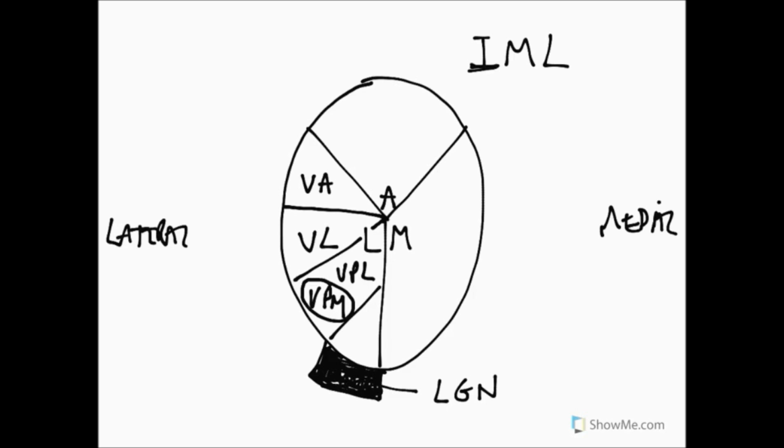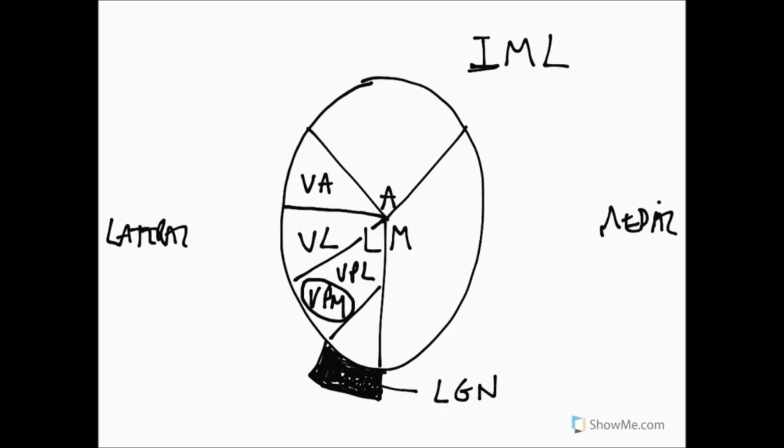So let's just run through those again. We've got the lateral group, which is the VA, the ventral anterior nucleus, the VL, the ventral lateral nucleus, the VPL, the ventral posterior lateral nucleus, and the VPM, the ventral posterior medial nucleus.